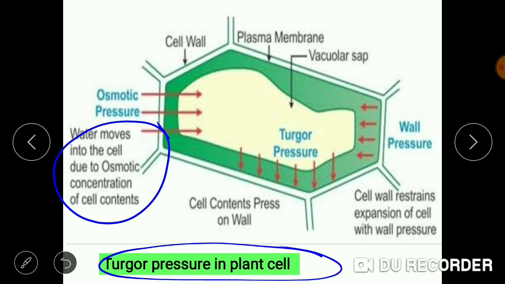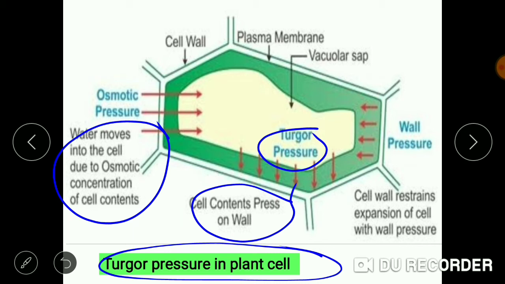So the water is moving with a great pressure, and once the water molecule has entered into the vacuole, it has maintained the turgidity, it has swelled up, and the cytoplasmic content is now pushing against the cell wall. This is known as turgor pressure. So it is pushing against the cell wall.